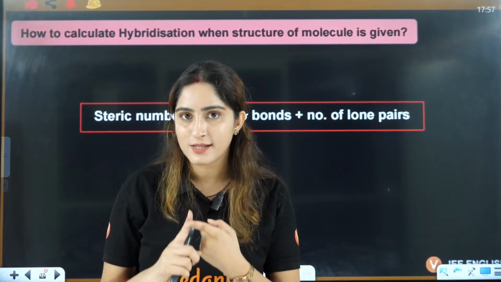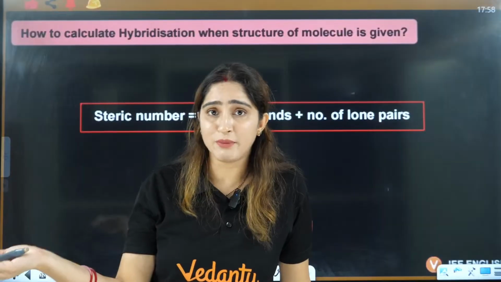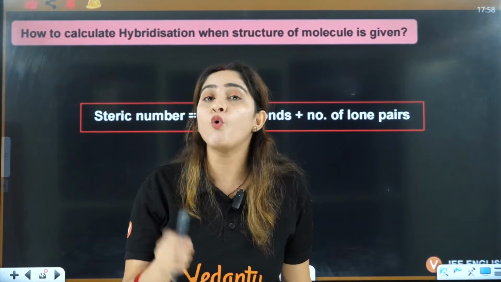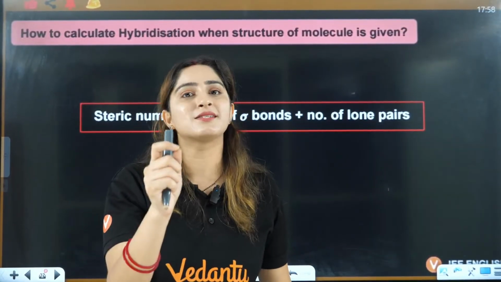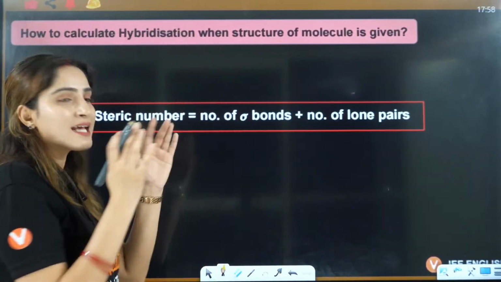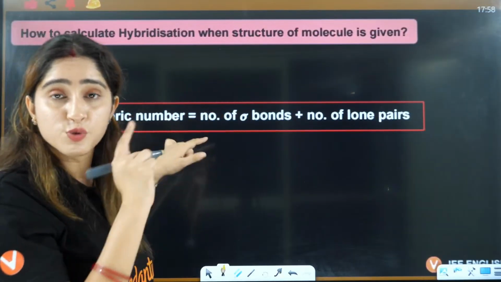But to understand which compound will give which hybridization, and which shape and geometry a specific hybridization belongs to, you need to understand the steric number. So the steric number is nothing but the number of sigma bonds plus the number of lone pairs. This is what will be useful in your exam.